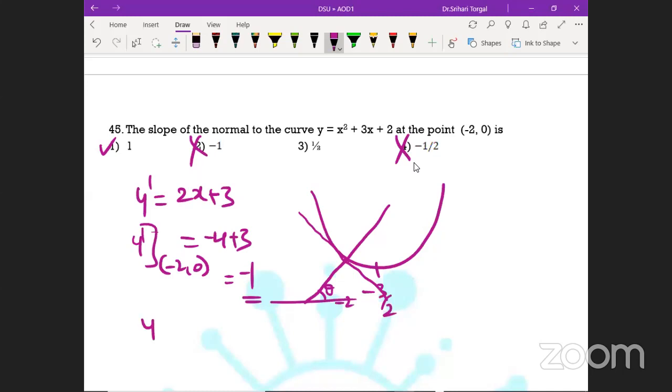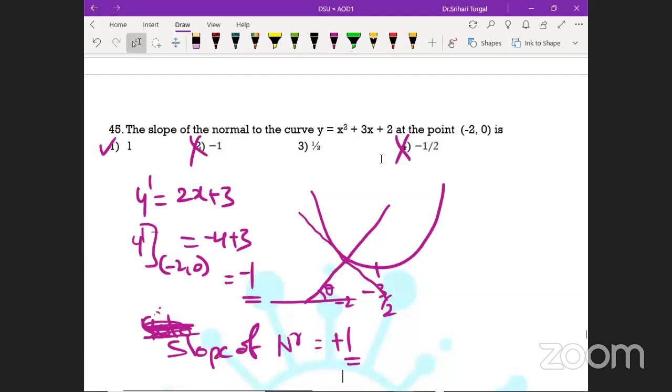And obviously, see here, slope of the normal is change the sign and take the reciprocal. 1 is the answer. I said you can imagine the graph and answer. I told you earlier only, this is the point minus 3 by 2.